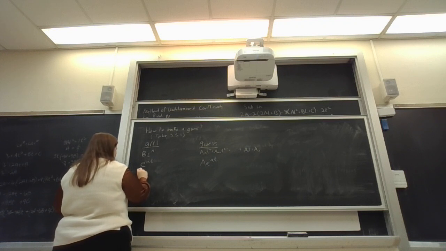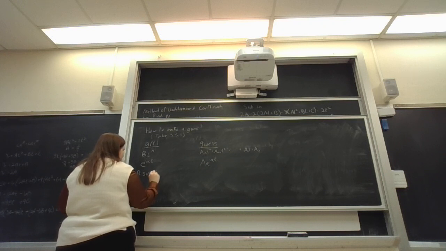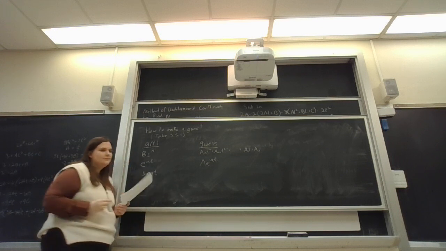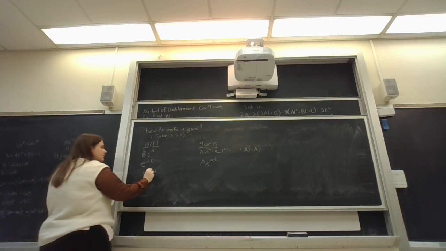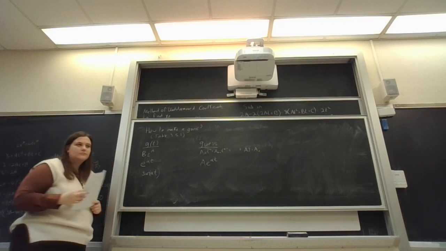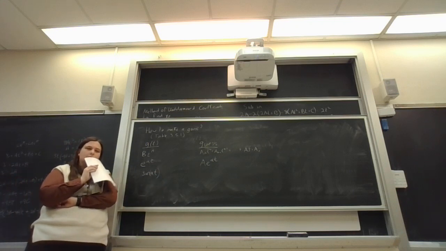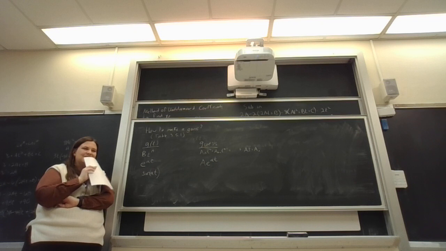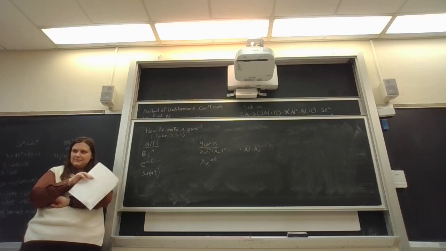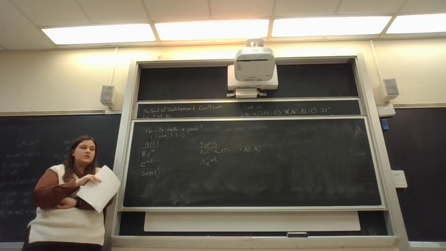What if we have sine alpha t? The guess is a sine alpha t plus b cosine alpha t. Why do you need that cosine in there? Just the nature of sine and cosine, right?